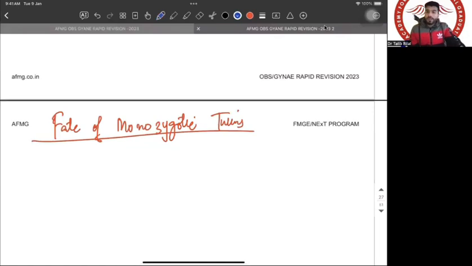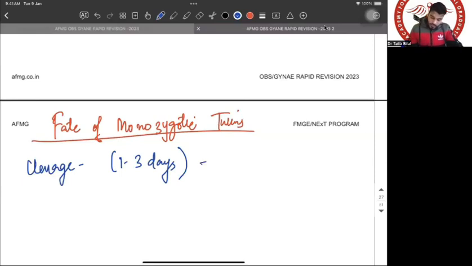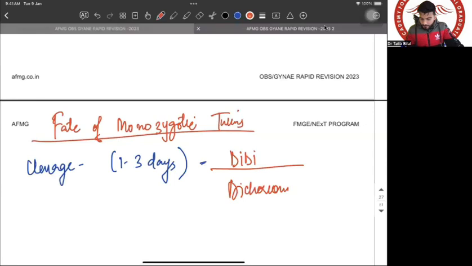So it depends upon the day that cleavage takes place. Okay. If the cleavage is between 1 to 3 days, so guys, remember Didi, dichorionic, diamniotic.